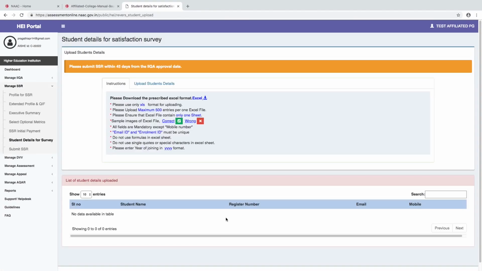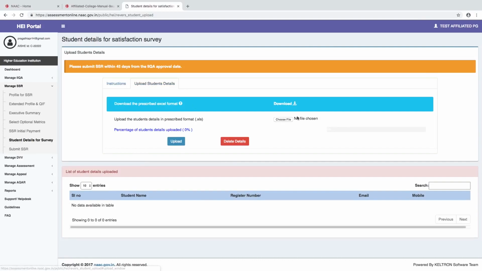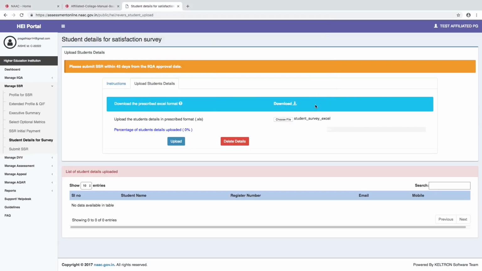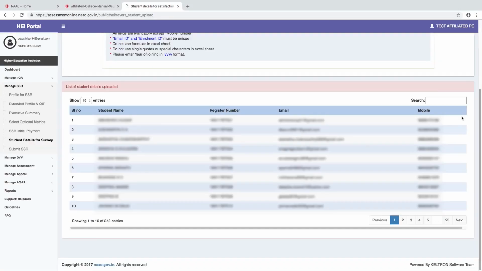While doing so, the same file has to be saved and uploaded in this section. When we upload the details, the details provided about the students are also listed down here.